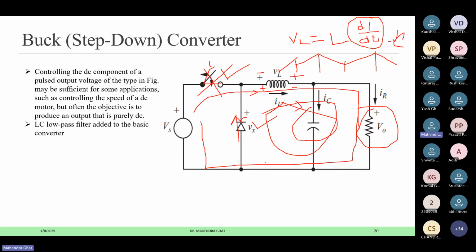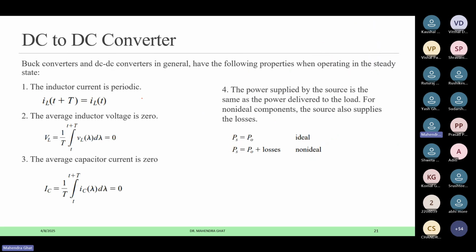Okay, now to derive the equation of this buck converter, we will again make some assumptions. First, the inductor current is periodic. Periodic means that after time T, whatever initial state was there, you get the same state after the T time. If the inductor current increased, then after T you will get the same level of inductor value.